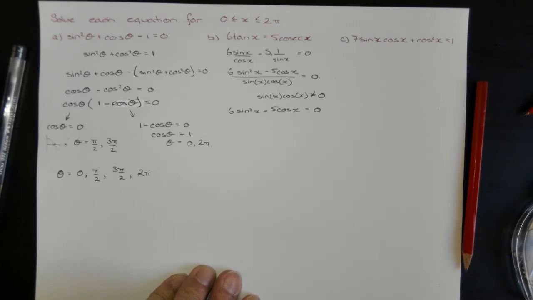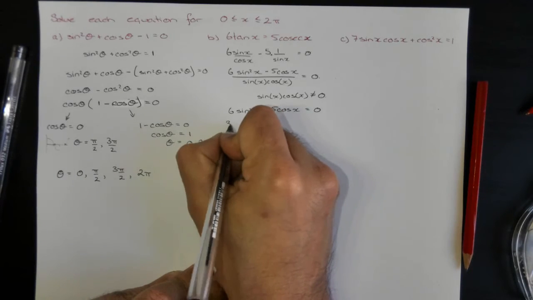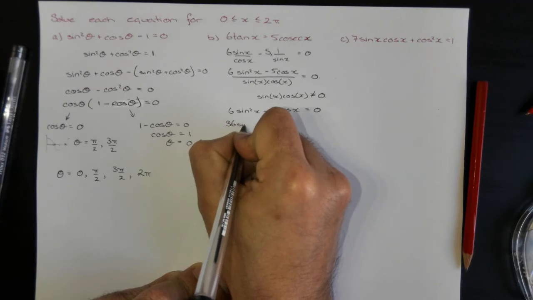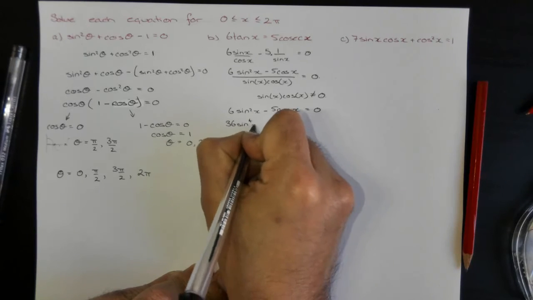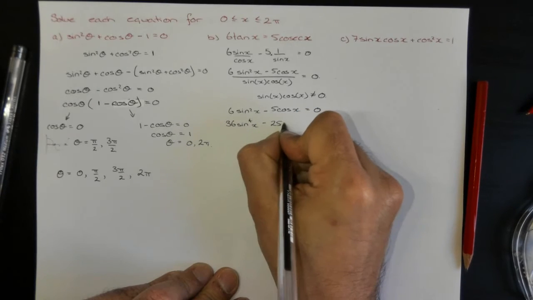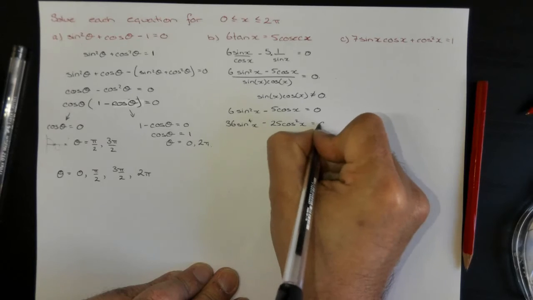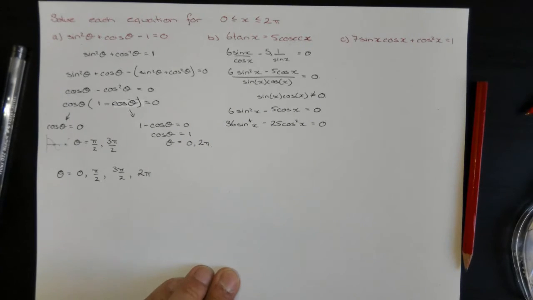What I might want to do here is I probably want to square everything off. So I'm going to square everything. So I get 36 sine to the fourth x, minus 25 cos squared x, is 0.